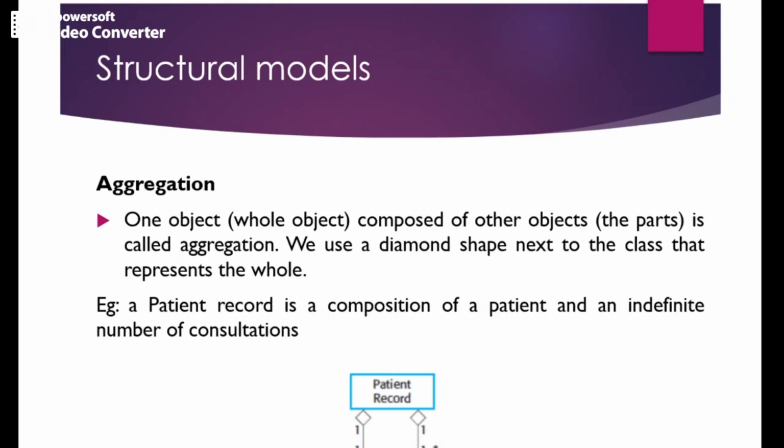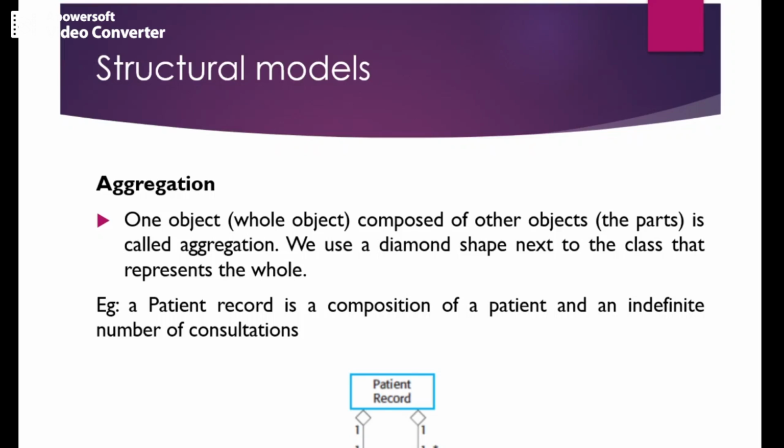So what is aggregation? One whole object is composed of other objects or other parts. That is called aggregation. For example, if you consider a mobile phone, it is made up of several hardware parts, isn't it? Once we combine them together, we aggregate them together, then we get one set of mobile phone.